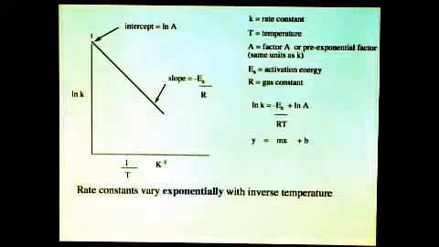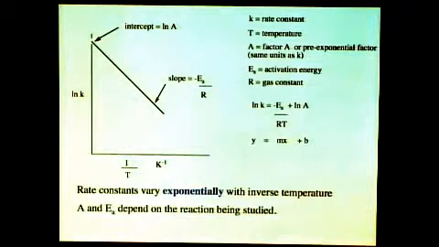So let's think about this equation and this plot, and about factor A and this other term, activation energy. Factor A and activation energy depend on the reaction being studied. So it depends on the nature of the materials involved. I said we'd talk again about nature of the material. One kind of reaction is going to have one activation energy, another one will have a different one.